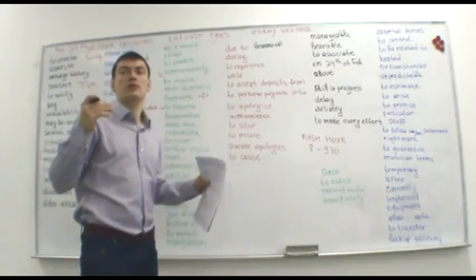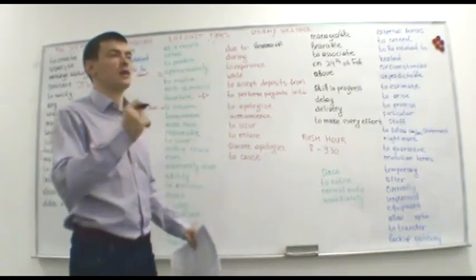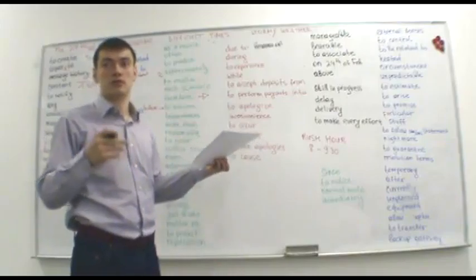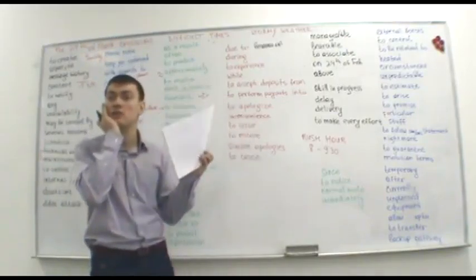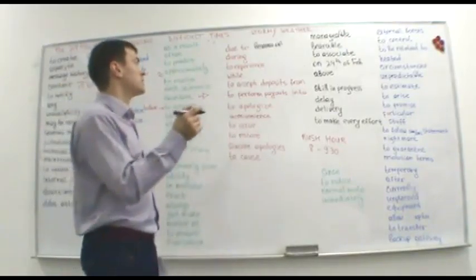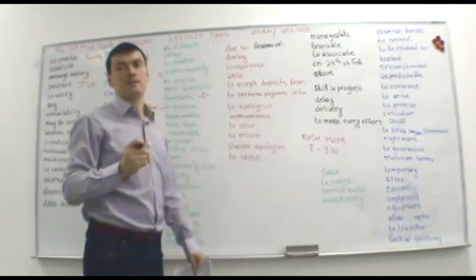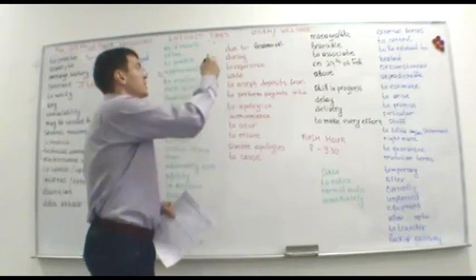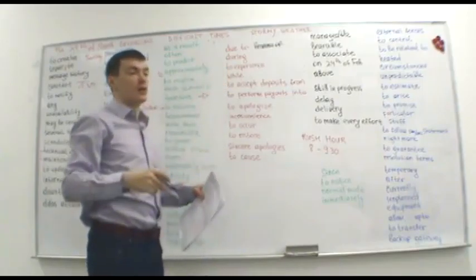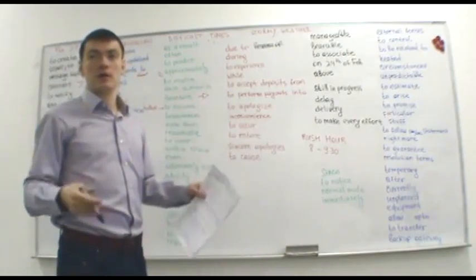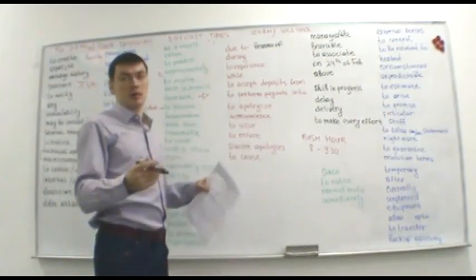When you learn something, you get more experience. You just want to feel something. Just after watching a scary movie, you experience being frightened. While. Same thing as during. While we were talking, we were discussing many words.